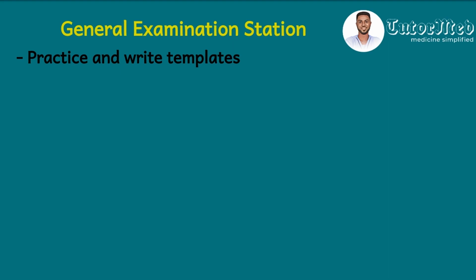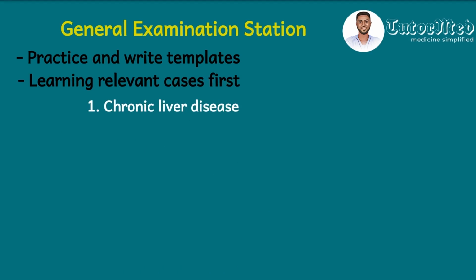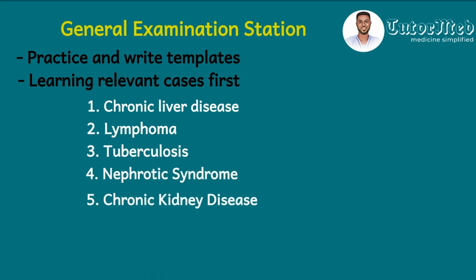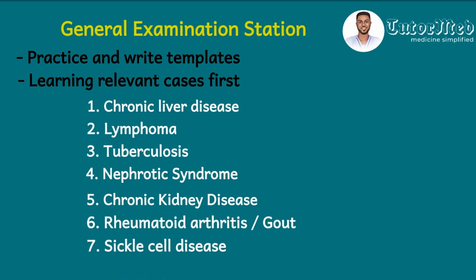Next, you learn relevant cases first. Some of the cases you should master for this station include chronic liver disease, lymphoma or leukemia, pulmonary tuberculosis or tuberculosis in general, nephrotic syndrome, chronic kidney disease, rheumatoid arthritis or gout, sickle cell disease, and retroviral infection or HIV and AIDS.